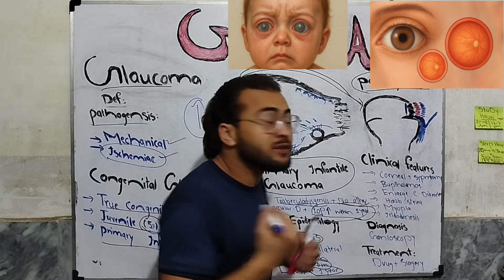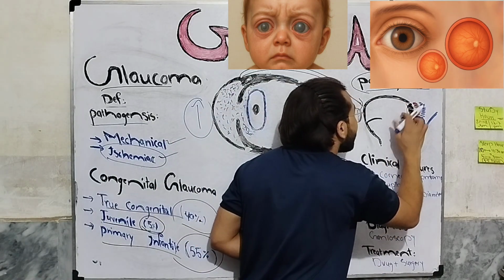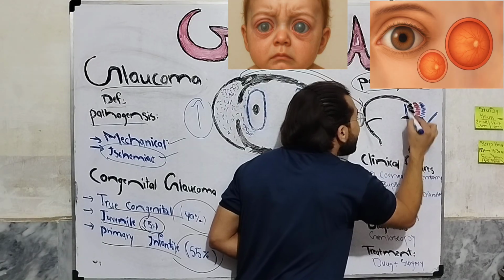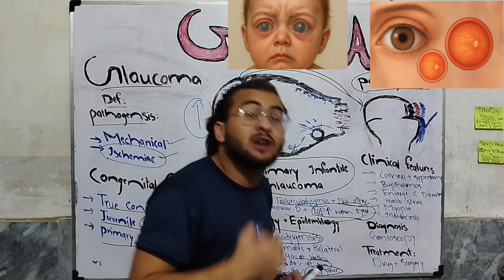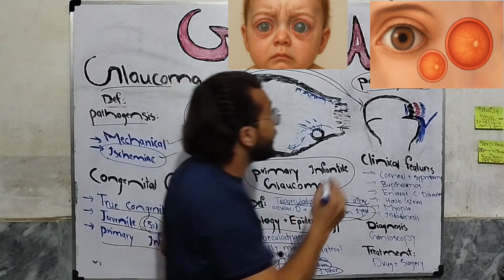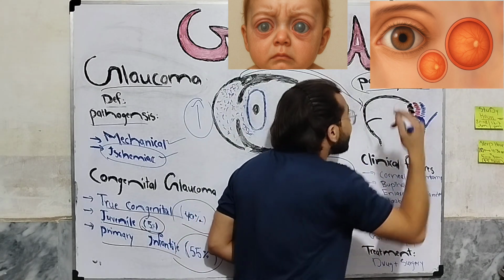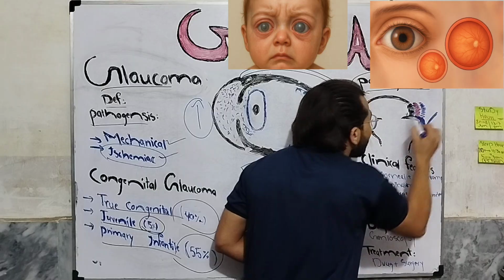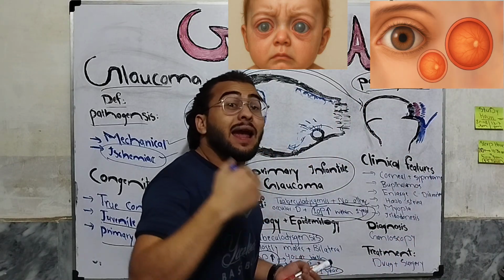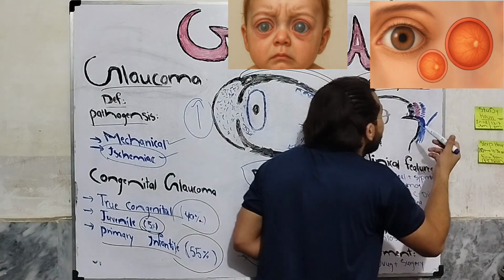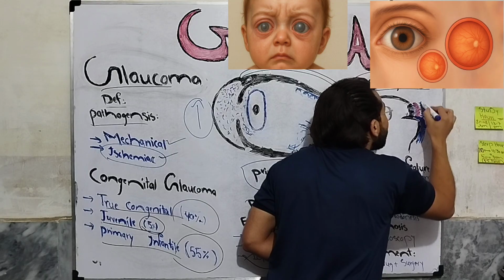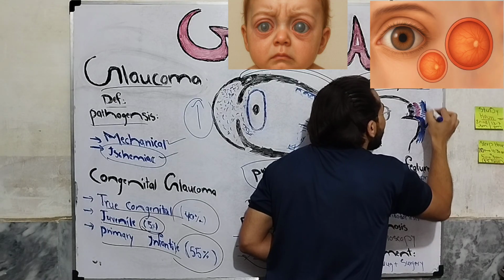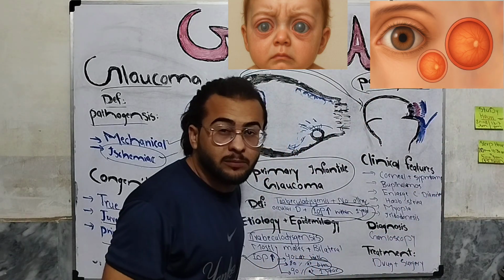Another theory suggested there may be a cellular membrane in front of this trabecular meshwork. Another theory suggested there may be a developmental problem with the trabecular meshwork itself. The next suggested there may be abnormal thickening of the juxtacanalicular part of the trabecular meshwork.